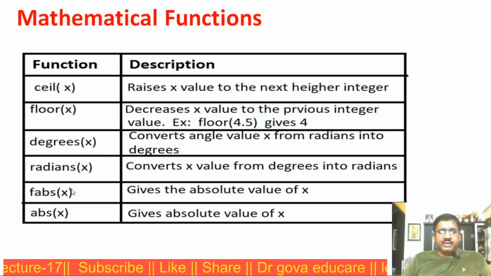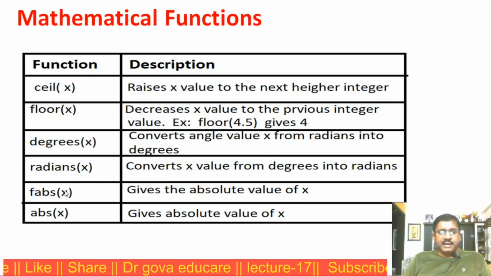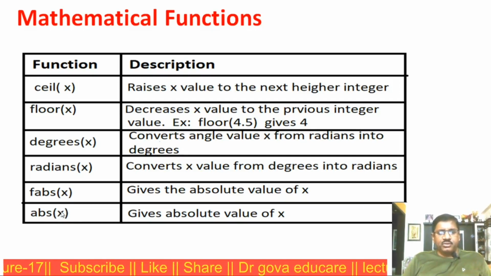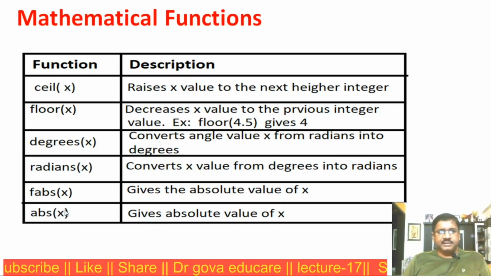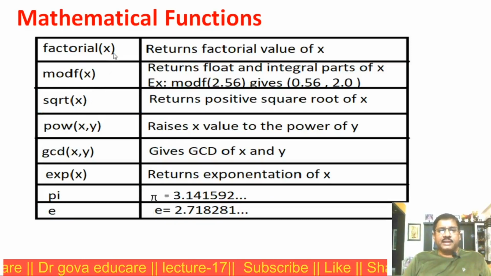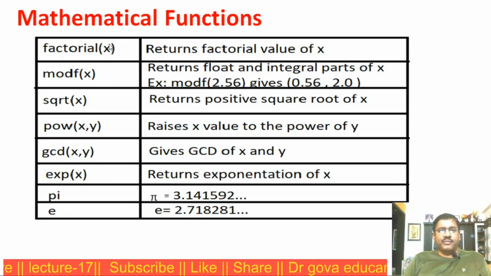This function gives the absolute value of x. Generally, x is a floating point value. Next, abs of x. This function gives the absolute value of x. Next, factorial of x. This function returns the factorial value of x.